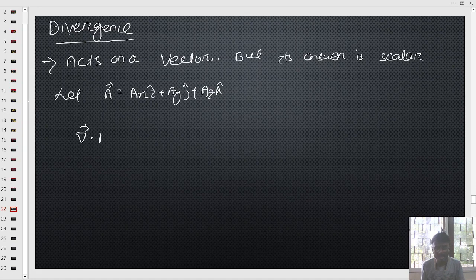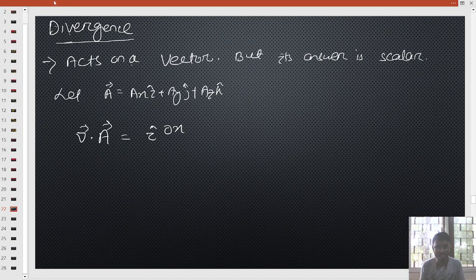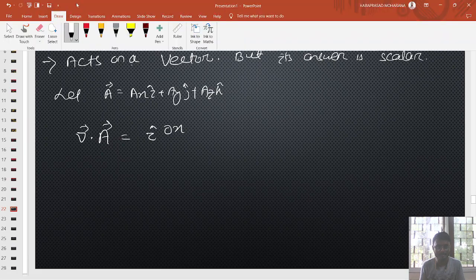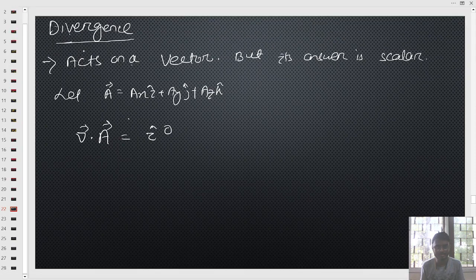We represent divergence as the Nabla operator dot A. I am writing it in Cartesian coordinates because I have taken the vector in Cartesian coordinates, that is, i cap, j cap, k cap are the unit vectors.